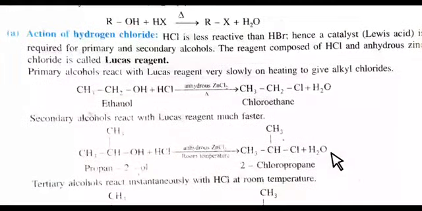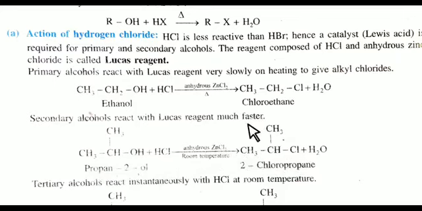Now secondary alcohol reacts with the Lucas reagent much faster than the primary alcohol. Primary alcohol reacts very slowly, and secondary alcohol reacts much faster. Here propan-2-ol, meaning isopropyl alcohol, reacts with the Lucas reagent at room temperature.